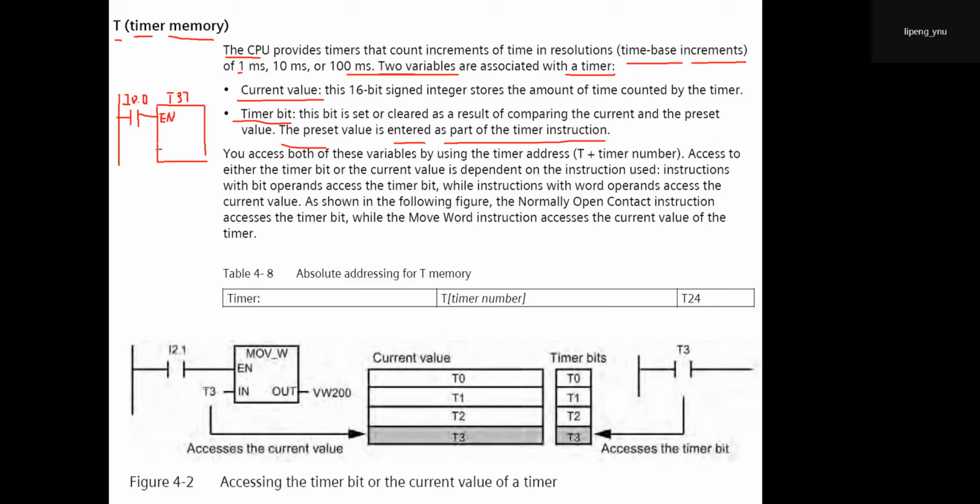This one means the preset value. And this is the timer type. Timer type is TON. And this is what?